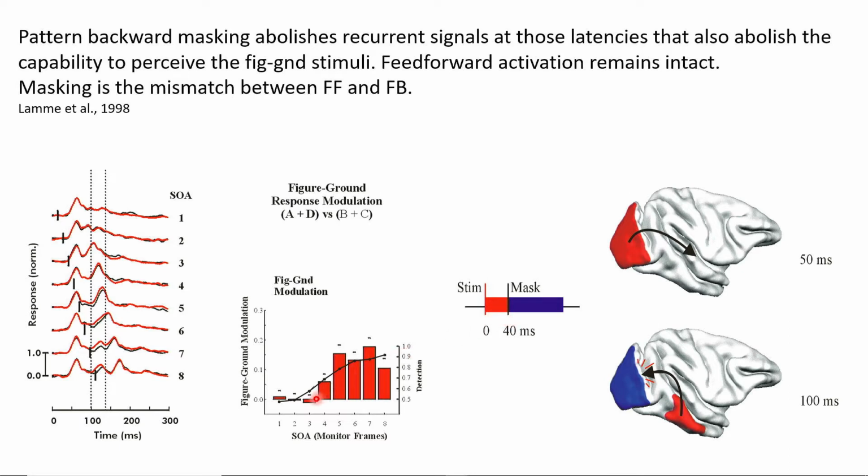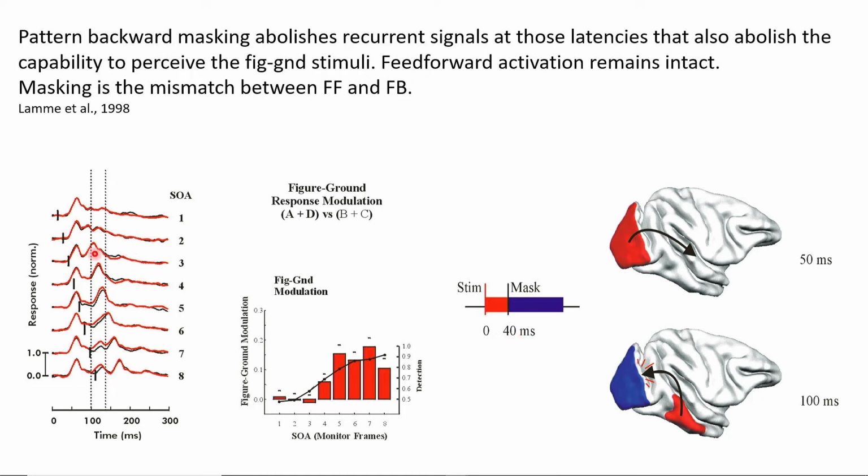And then what you will typically find with pattern backward masking is something like this. This is the line you see here, the psychometric function. With stimulus onset asynchronies of up to, say, 3 monitor frames, which is like 50 milliseconds, you see that monkeys are more or less at chance, which is here, at detecting these figures. And then they get gradually better the longer the interval between stimulus and mask.